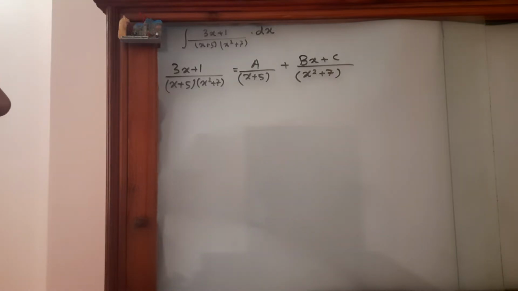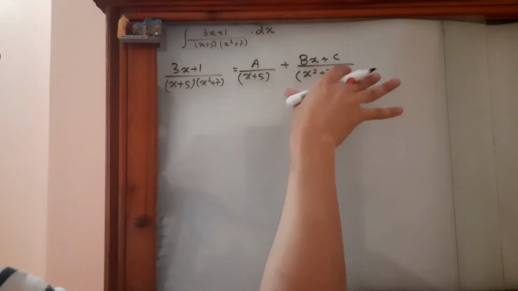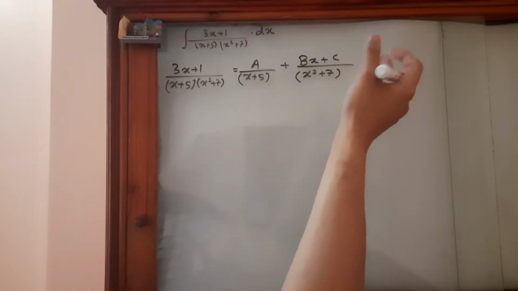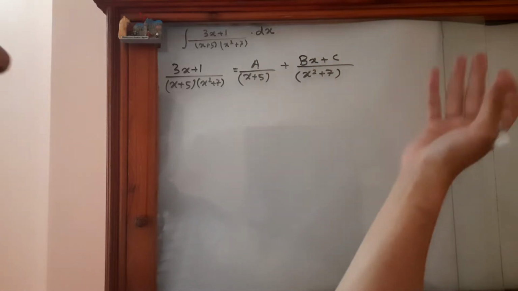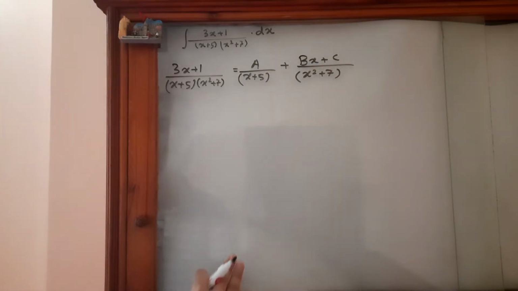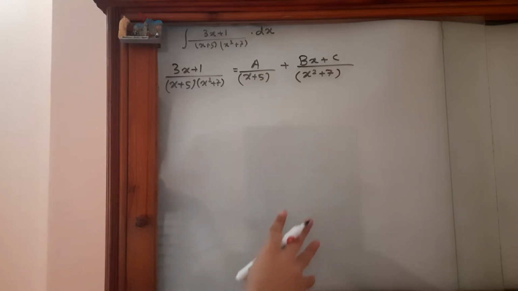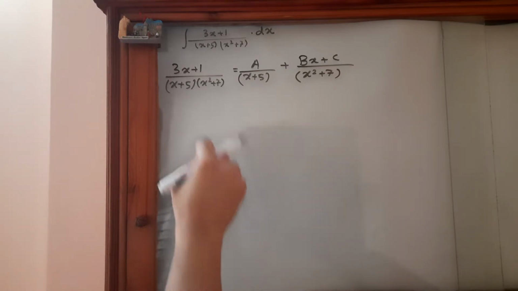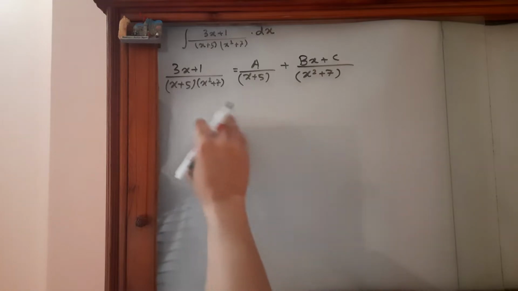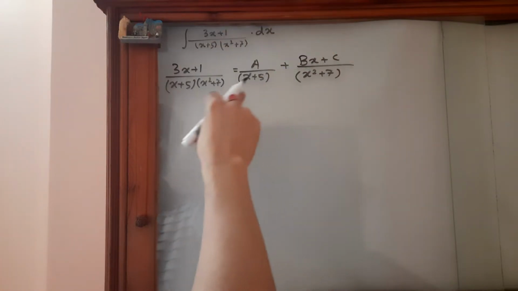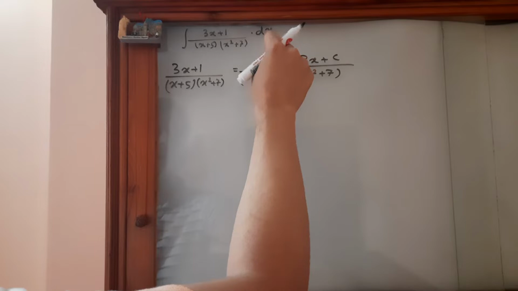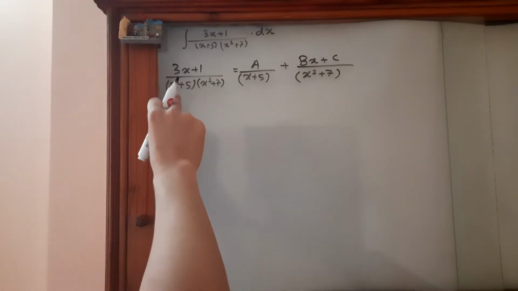So the way we find the value of these is the same as the process we followed in finding the values in previous questions. So it's just equating the coefficients, or in this case we can find the value of a by keeping the value of x over here as -5.